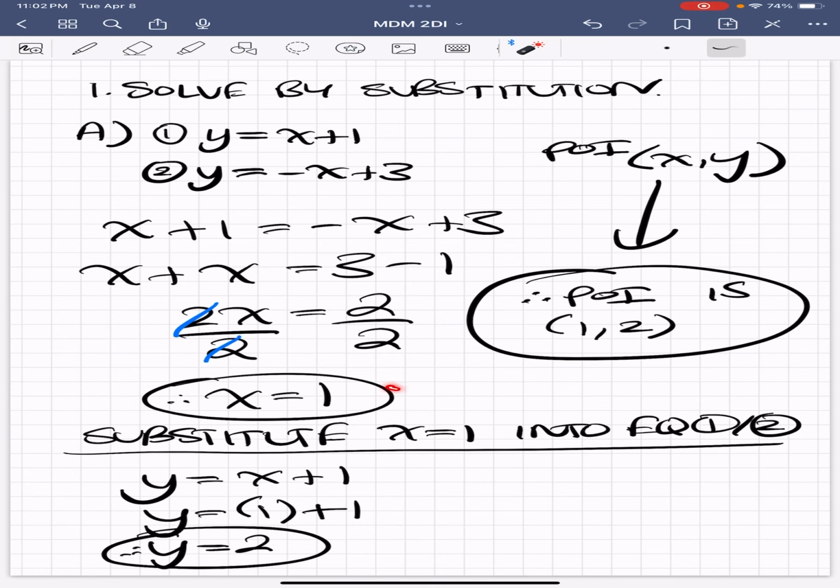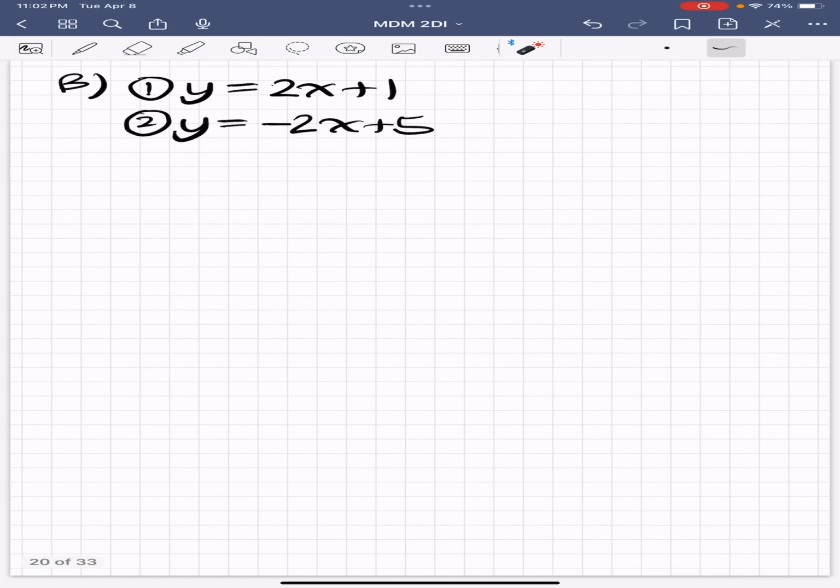I just inputted that into brackets, and our coordinates for the POI are 1, 2. Moving on.